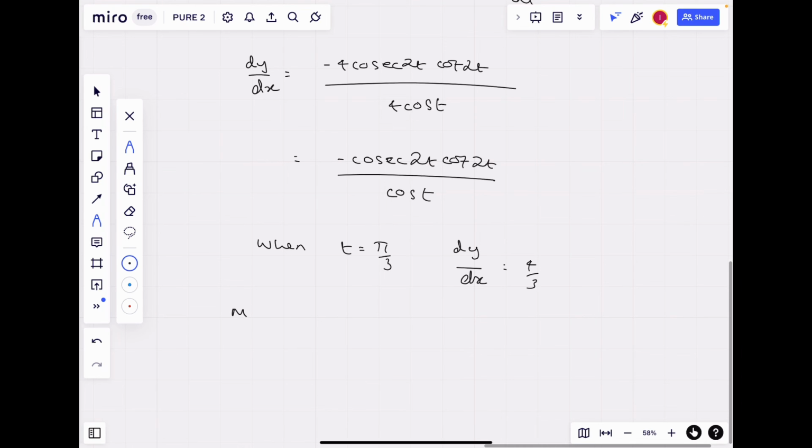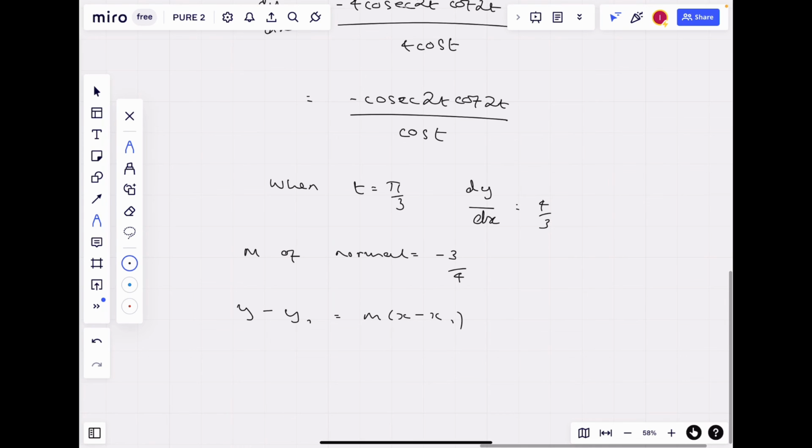So the gradient of the normal would be the minus reciprocal of that, minus 3 over 4. And you have the coordinates. So now you do y minus y1 equals m(x minus x1). The whole straight line bit that we went over in Pure 1.